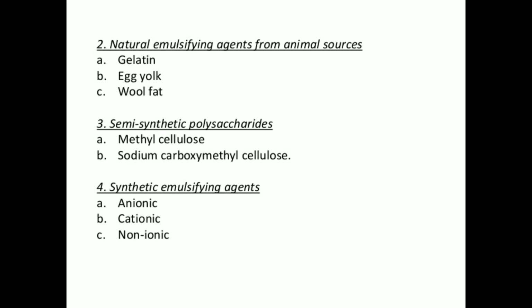Examples, as we discussed previously, are gelatin, egg yolk, wool fat, methyl cellulose, sodium carboxymethyl cellulose, then anionic, cationic or non-ionic emulsifying agents are also used. So these are the examples of emulsifying agents. Lastly, what is the role of the emulsifying agent?